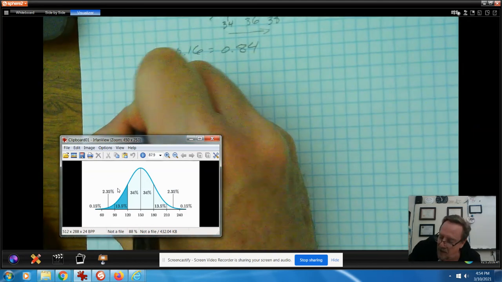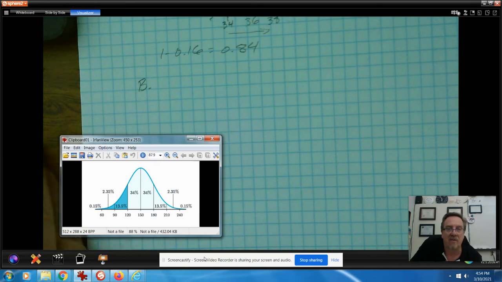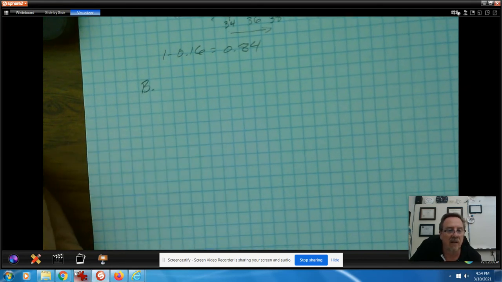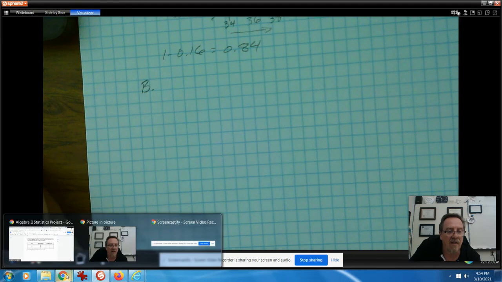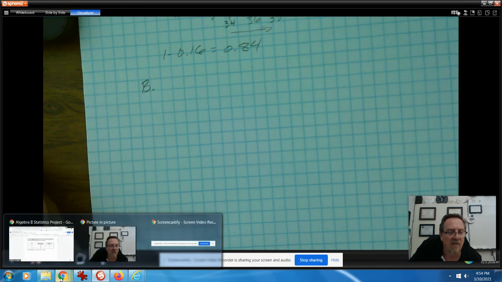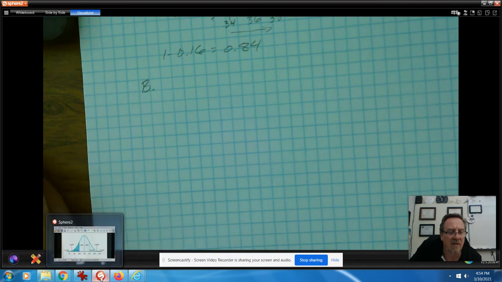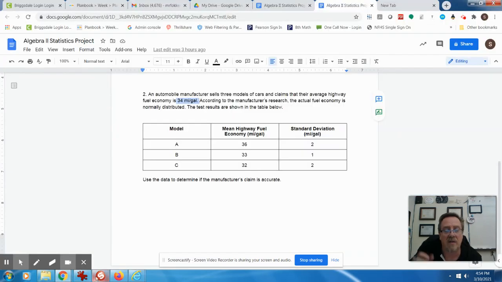Let's do B. According to the data, shrink this out again. Where is my data? There it is. According to my data, vehicle B's mean is at 33.